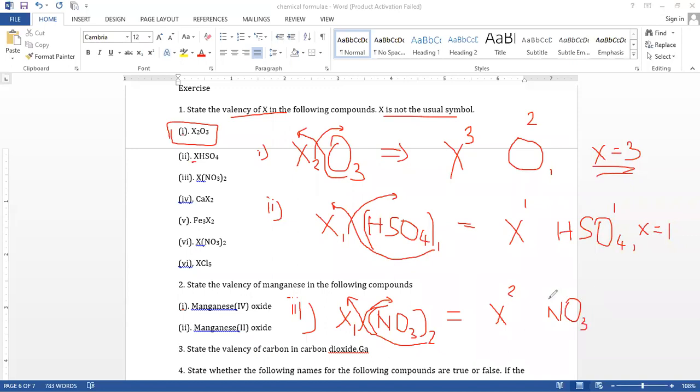But we need to first confirm: what was the valency of a nitrate? Someone told us 1. So that means this is perfect. So from this example, what is the valency of X? 2. Unmute yourselves and speak. 2, thank you.